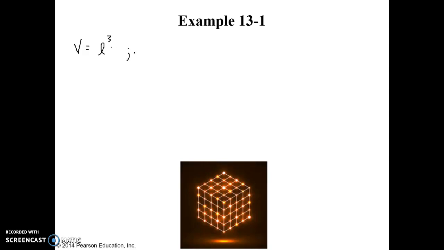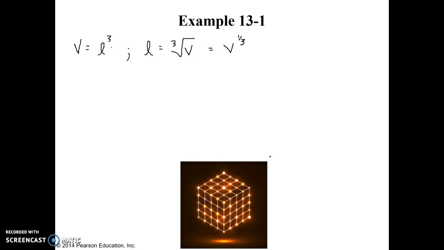Okay, so if that's true, then the length of one side of a column is equal to the third root of the volume, or we could write that as volume to the 1/3 power.